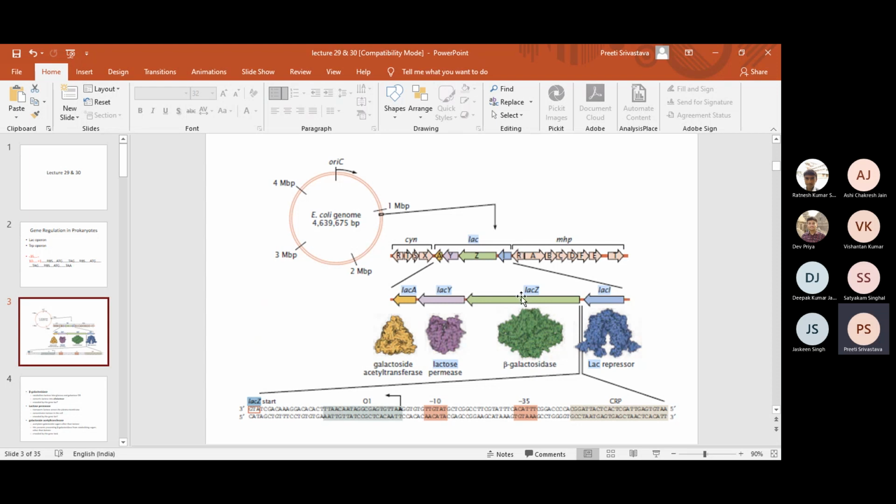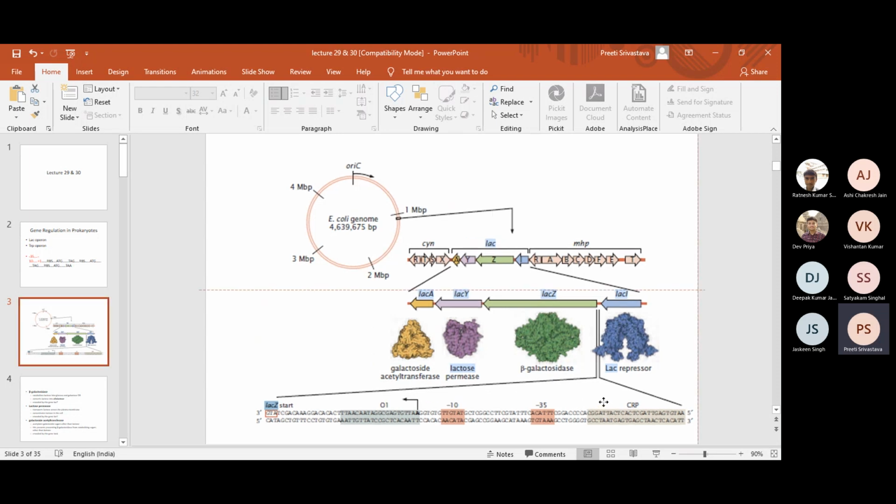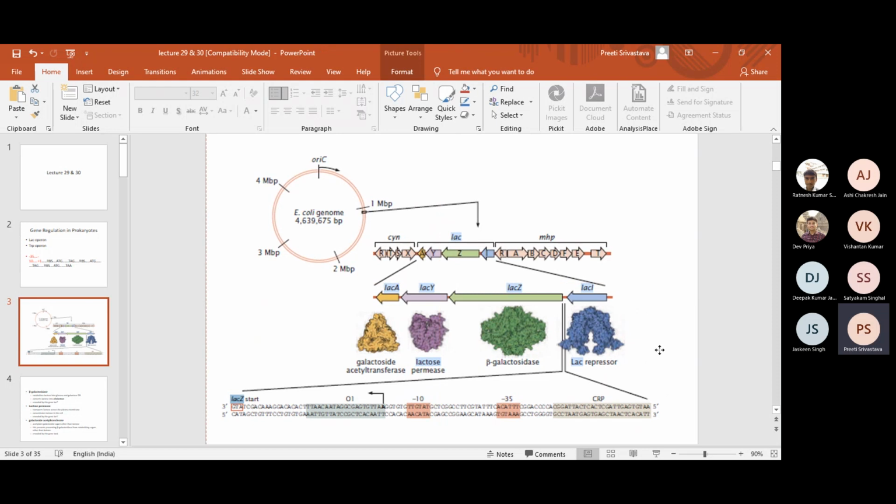On the other hand, lacZ, lacY and lacA are present together as an operon because they are transcribed by one promoter, shown at the bottom. For lac repressor, there is an independent promoter. So remember that lac repressor is not part of the lac operon.